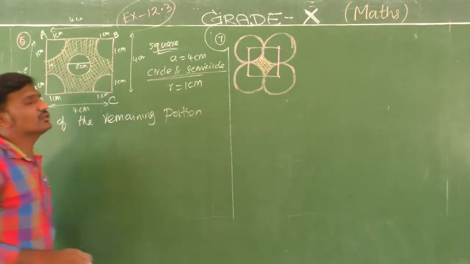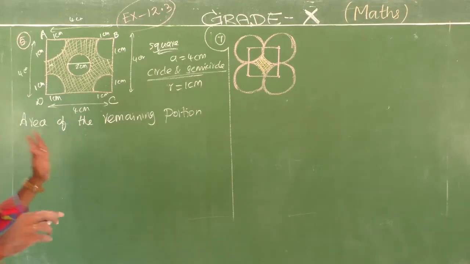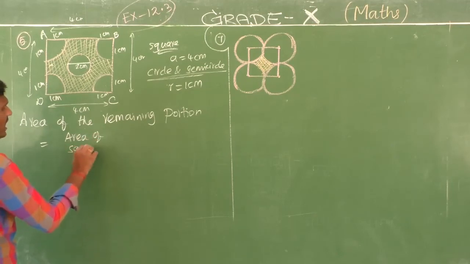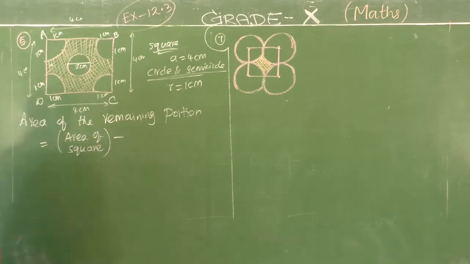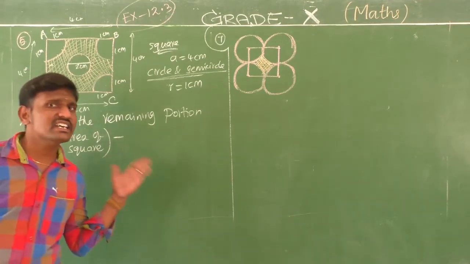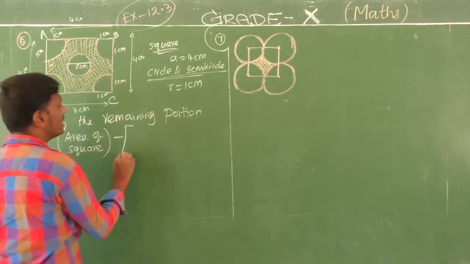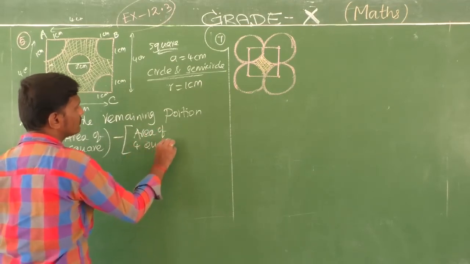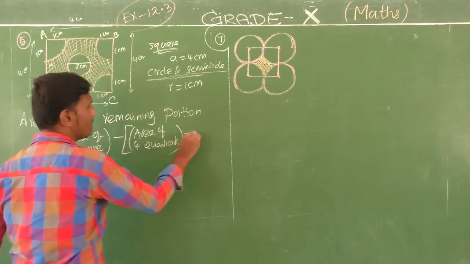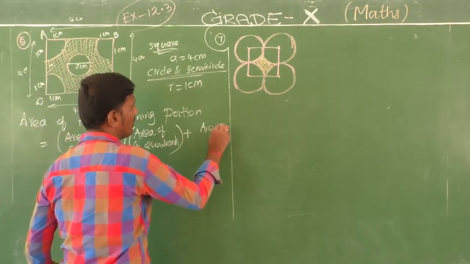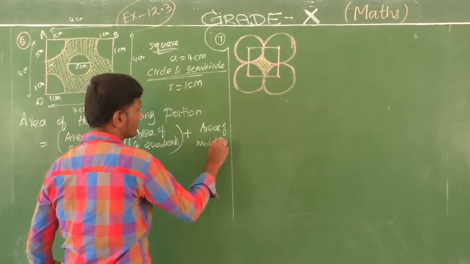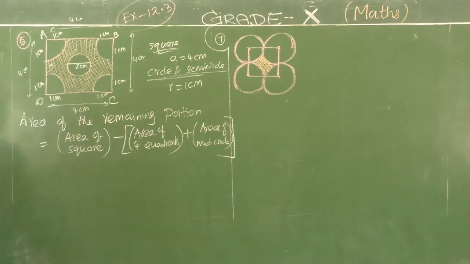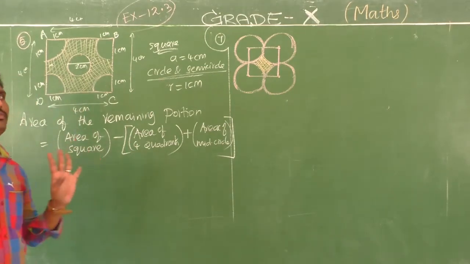The biggest one is the square, so from the square only we are going to cut. So area of the square minus area of 4 quadrants plus area of the middle circle. It is very simple to use the formula and simplify.